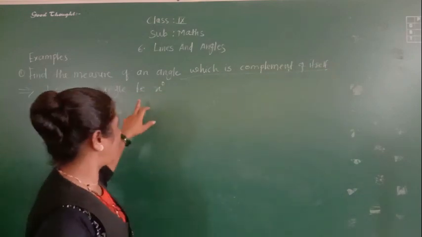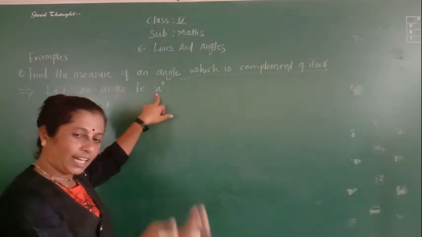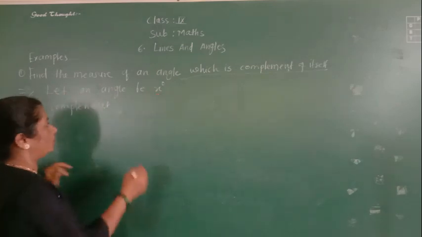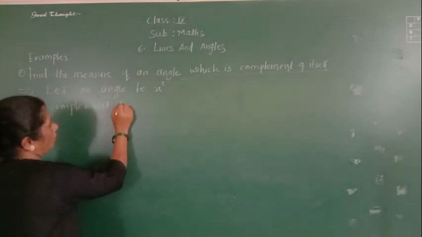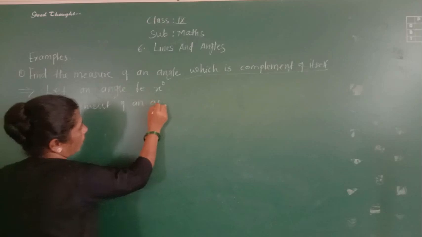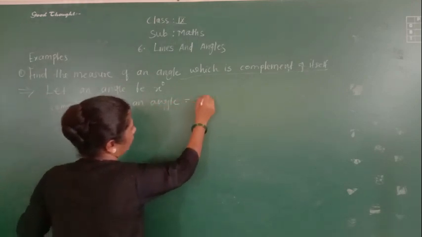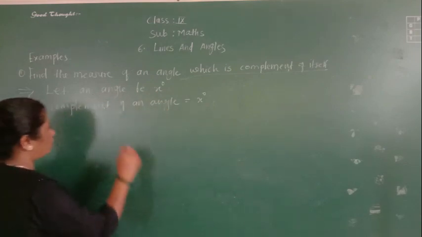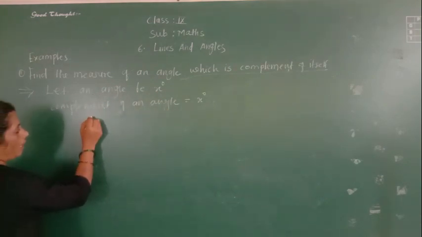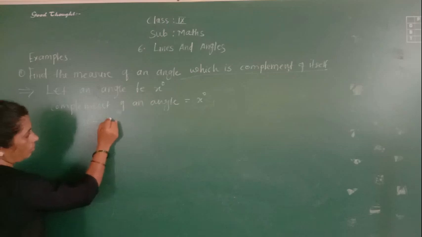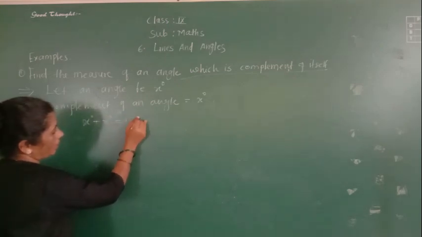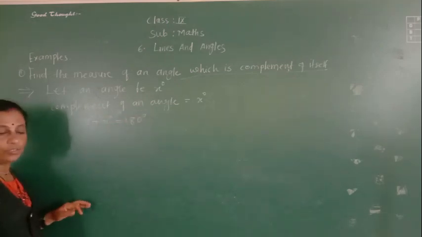So if one of the angles is x, then the other angle, its complement, is another x degrees, right? So the sum of the two angles is, for the complementary angle, 180 degrees. So x degrees plus x degrees equals 180 degrees.